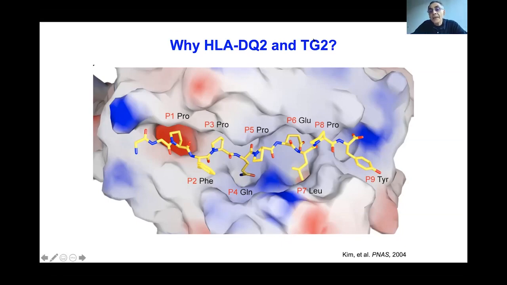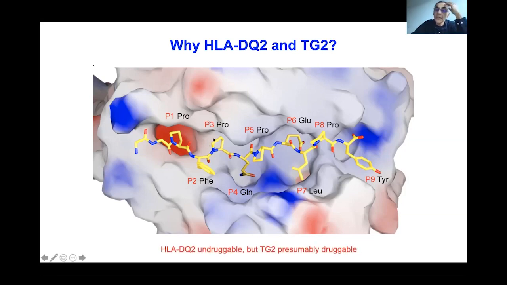The answer to why transglutaminase II is important in the pathogenesis of the disease comes from the location of this glutamic acid residue that you're seeing at the P6 position over here. This glutamate didn't exist in the wheat field. It was generated by deamidation of a glutamine residue by TG2, and it's the critical salt bridge that gives HLA-DQ2 its specificity. There's a unique lysine in human HLA-DQ2 that is absent in other HLAs, and this hydrogen bond is really critical.